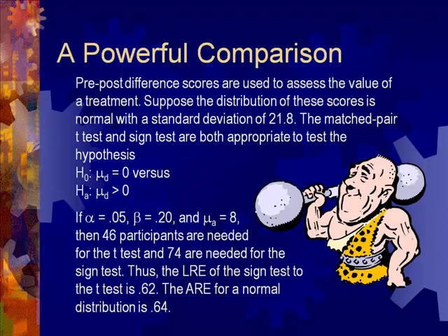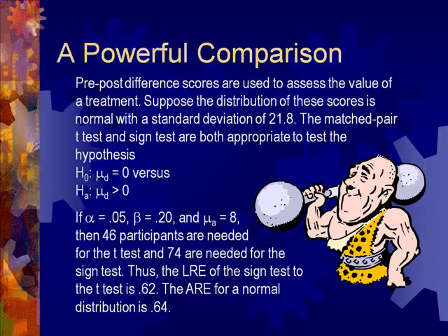Notice the small difference here between 0.62 and 0.64. And because I do not know if the effect size is really 8, and because I do not know if the distribution is truly exactly normal, that 0.62 is an approximation. So it seems to me that 0.64 is reasonable to take as an approximation to compare the sign test to the t-test.